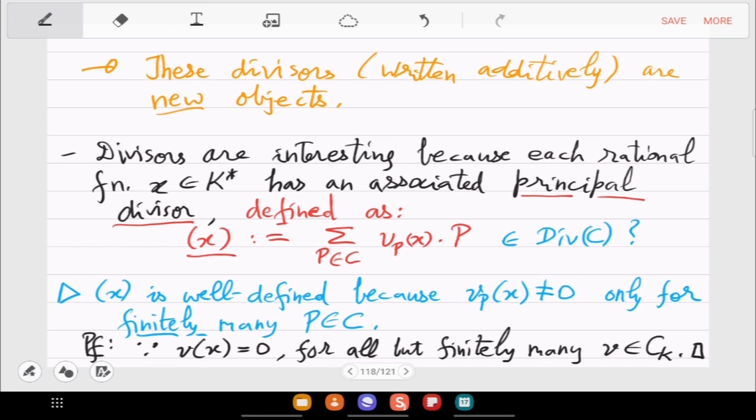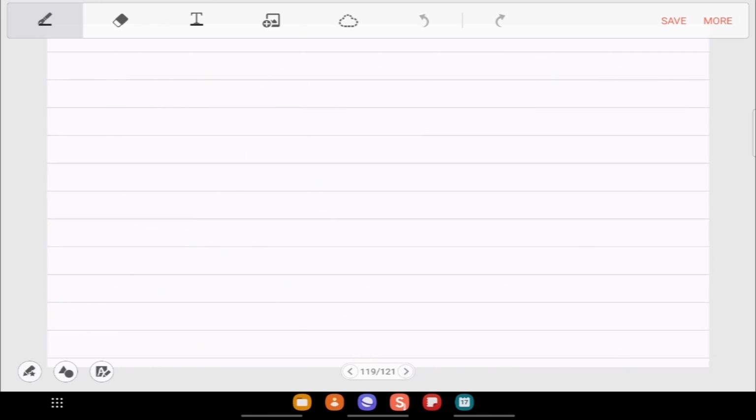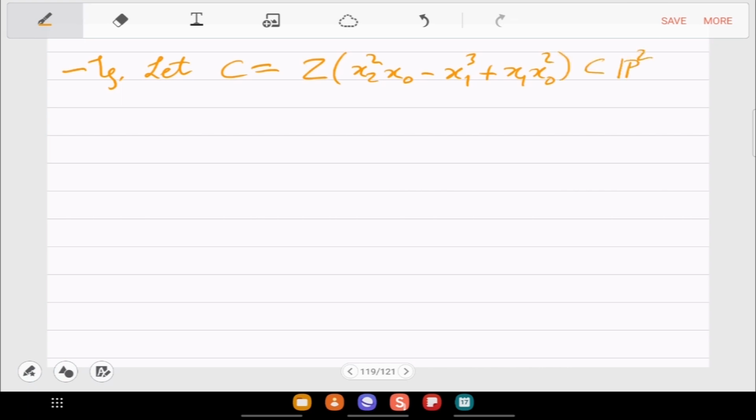Okay, so let's see an example of principal divisors. So let us look at this curve.